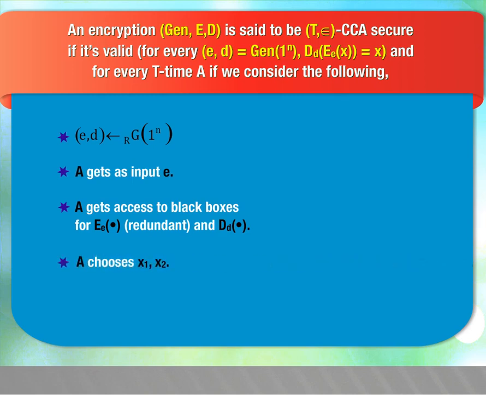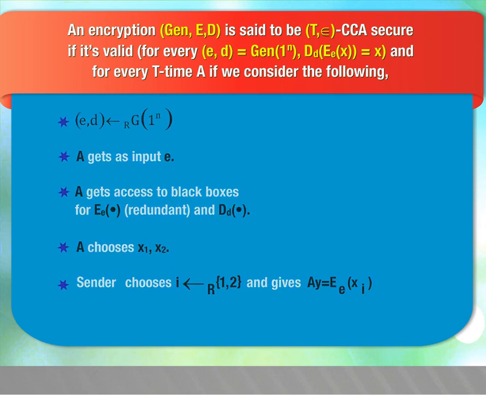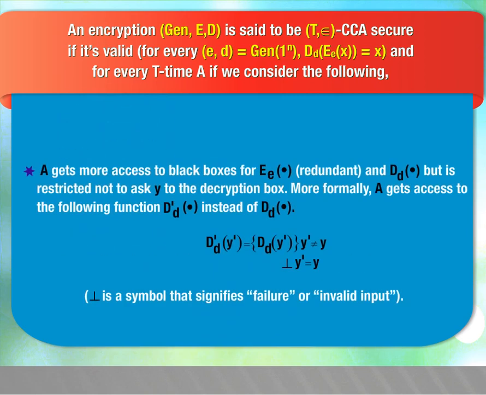A chooses x1, x2. The sender chooses i uniformly at random from the set {1, 2} and gives A y = E(xi). A gets more access to black boxes for E(.) and D(.) but is restricted not to ask y to the decryption box.